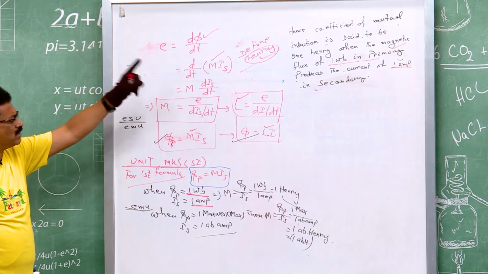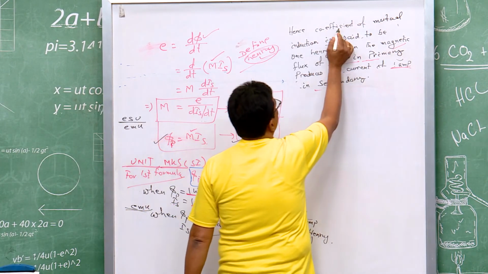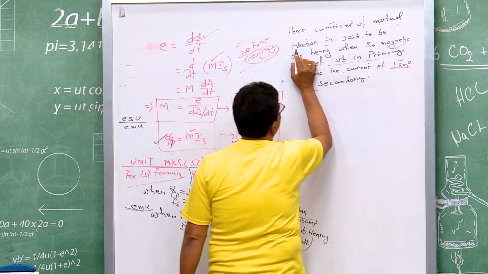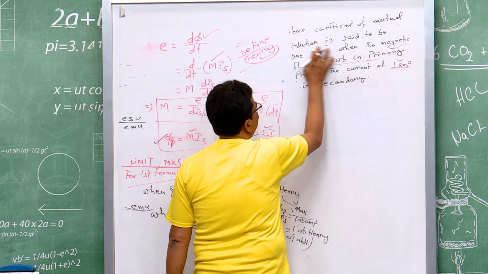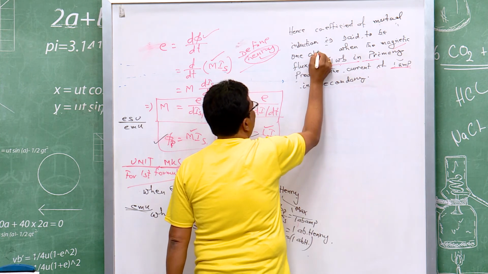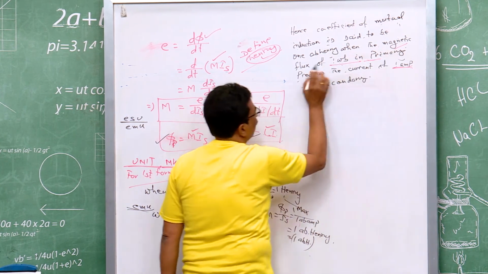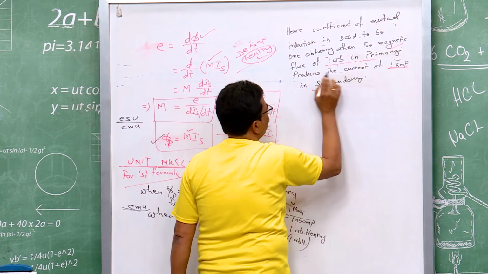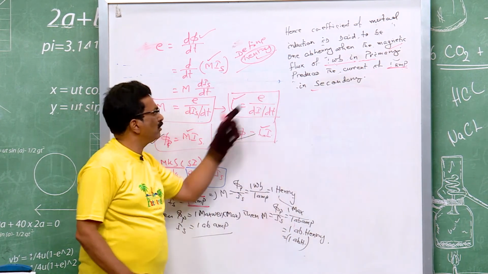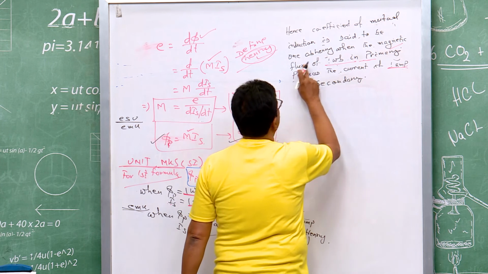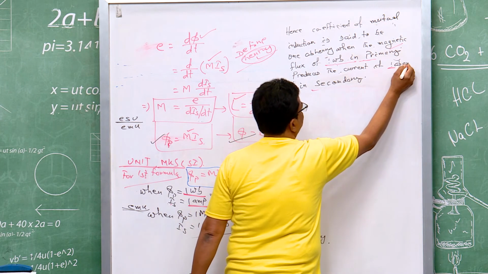Similarly, in the total description, the coefficient of mutual induction is said to be, instead of 1 Henry, 1 abhenry, when the magnetic flux of 1 Weber in the primary produces a current of 1 ampere in the secondary. Only here the ampere will be the abampere.